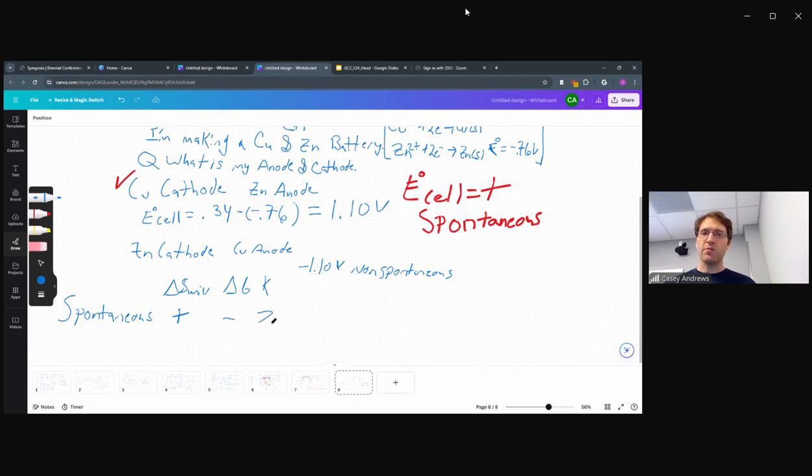K should be greater than 1. And now our last piece of the puzzle, E cell, is positive, right? If you're given any of those numbers, S universe, G, K, or E cell, you can tell me whether the reaction you're looking at is spontaneous or not.